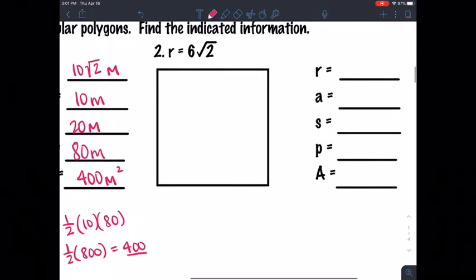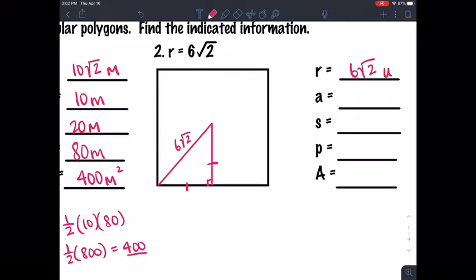Over here on number 2, I'm going to go ahead and draw in my triangle as needed. It may not be perfect, but it'll be close enough. It tells me that my radius is 6 square root 2.